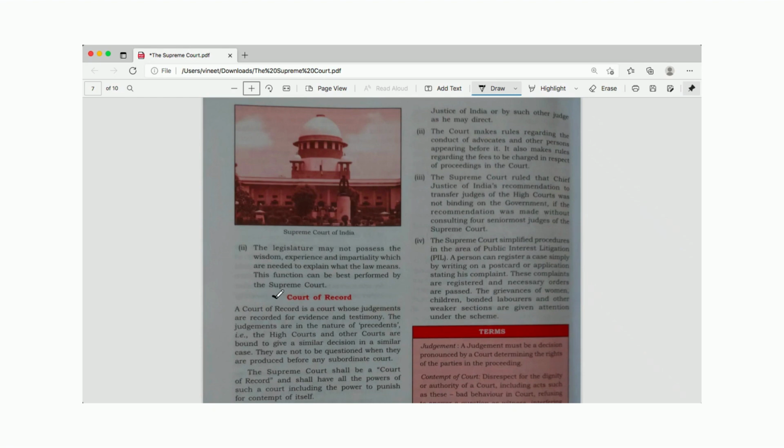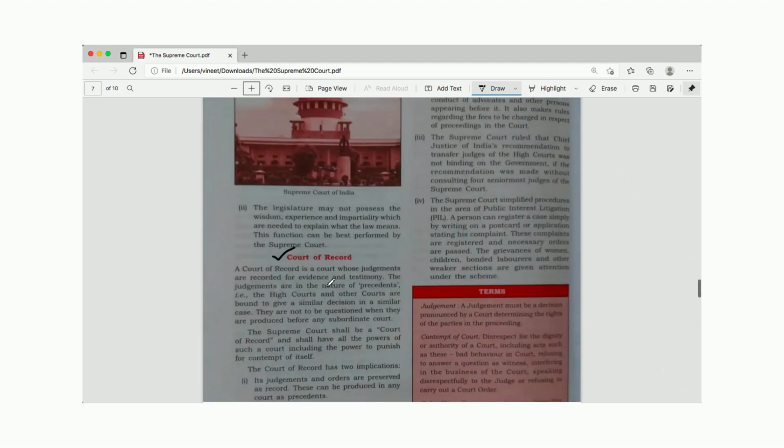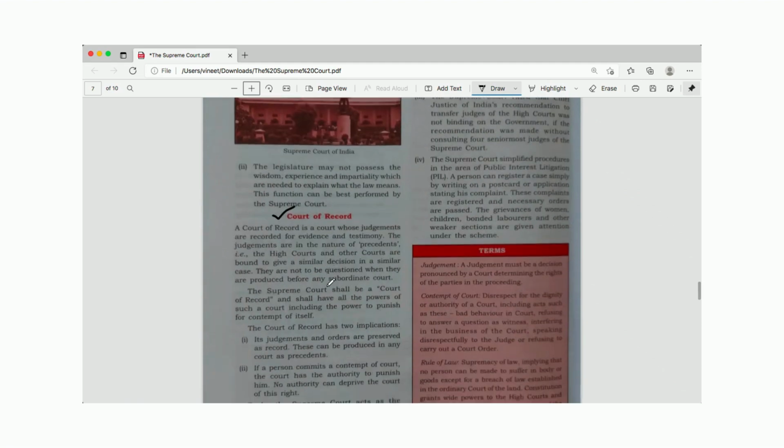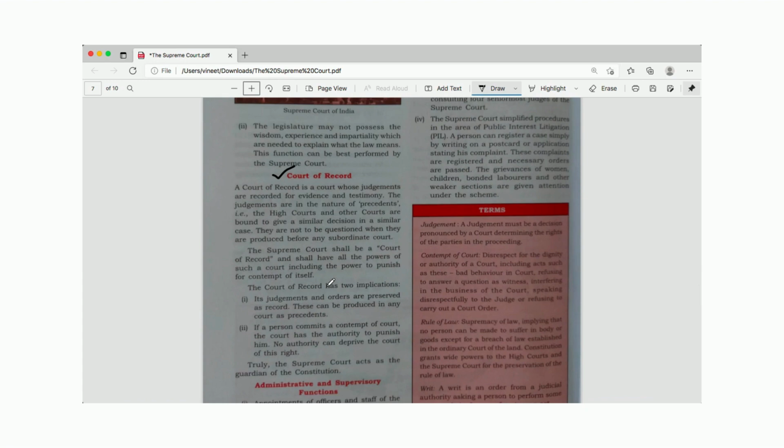Then comes the court of record. Very commonly, it is asked, how is the Supreme Court a court of record? Now, as the name suggests, it maintains a record of its judgments. So, all these records, here is a keyword, they are taken as precedents or examples by lower courts to make their judgments in similar cases. If they face a similar case, they will refer immediately to the Supreme Court decision in that case, and they might try to use it as an example for solving the case.